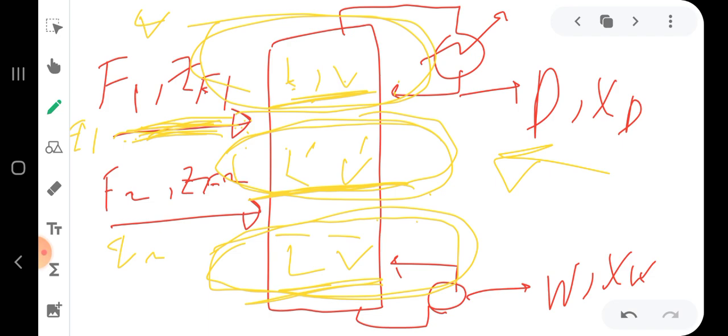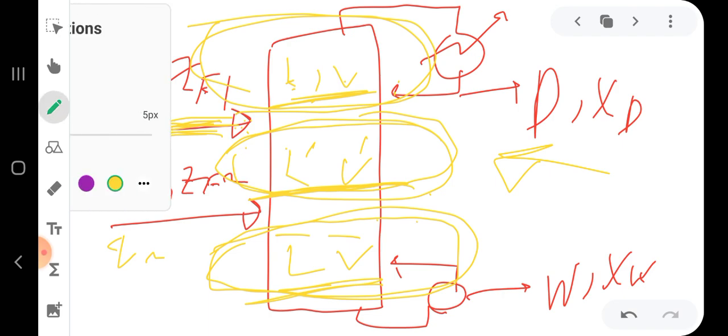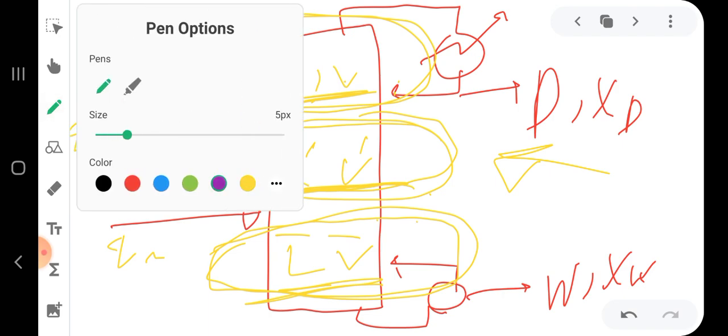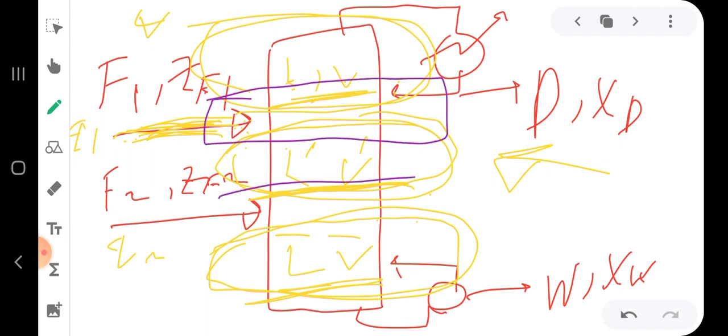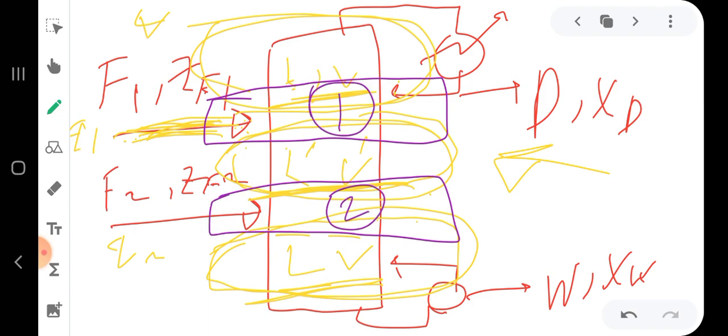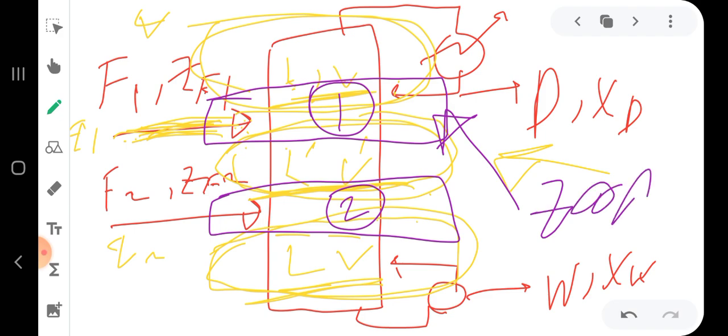We can determine them using a simple material balance around each interface between any 2 sections. So this is the first interface and this is the second interface between the 2 sections. Both will have the same idea, so let's consider the first intersection, for example, and we can zoom in.